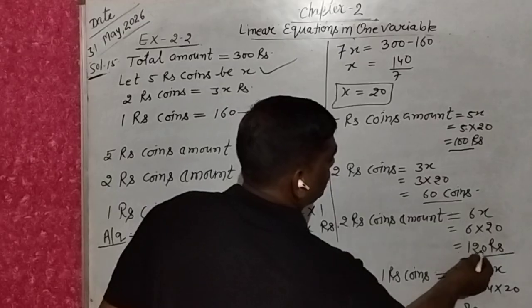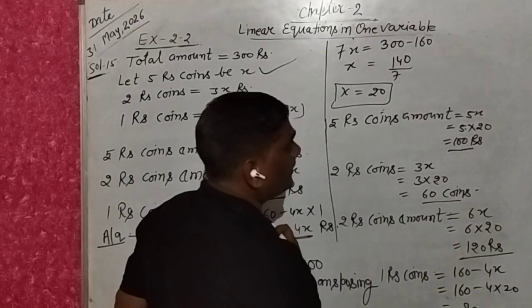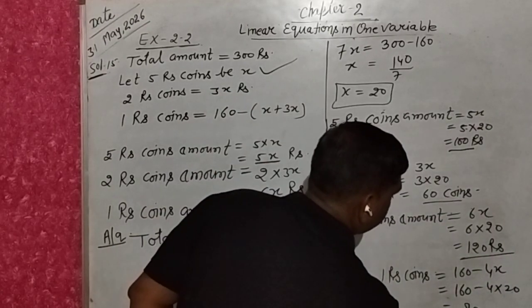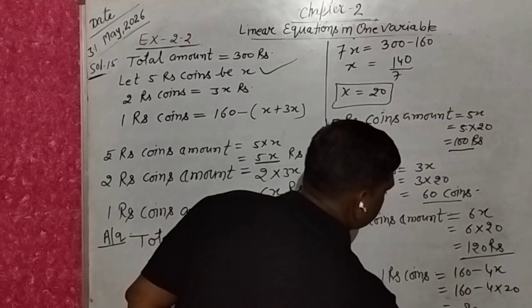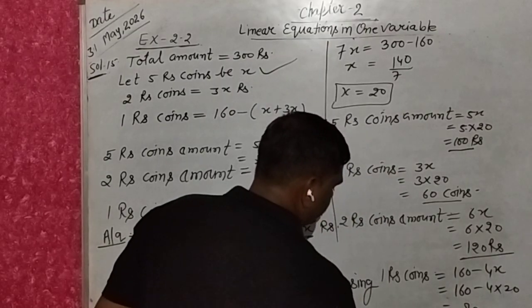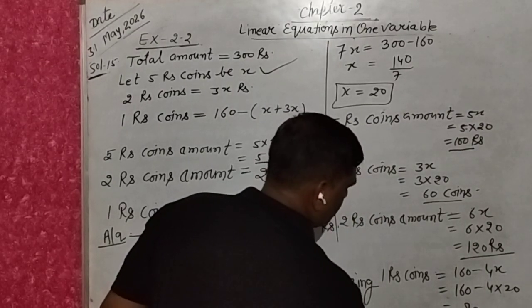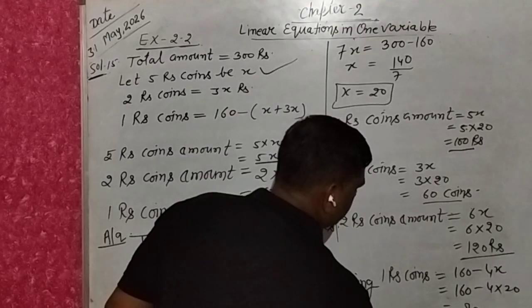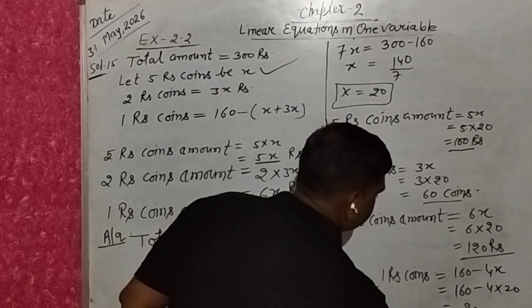100, 120, 220, 80 rupees. So 100 plus 120 plus 80 is equal to 300 rupees.